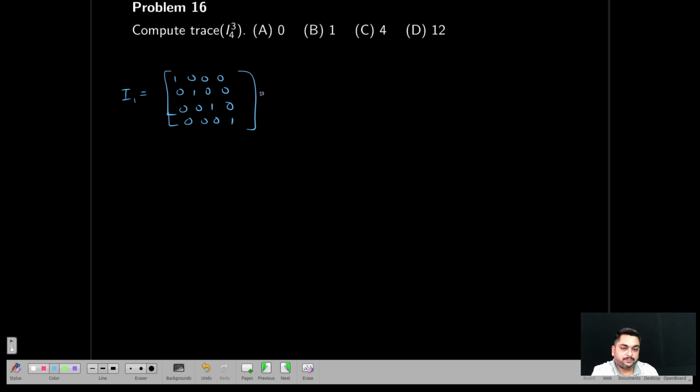If I take I power n, I usually write it as In. Multiplying it 10 times again gives me I only. So the trace remains same. It will be the sum of these elements, that is 4. 4 is the answer.